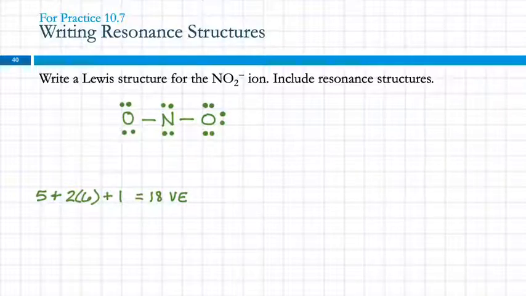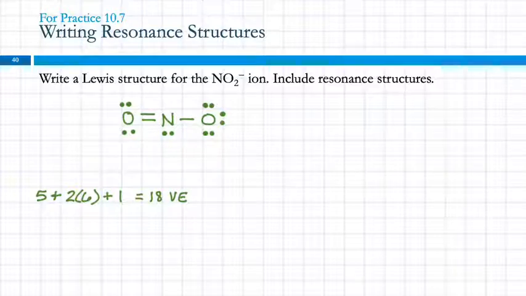So we need a double bond, right? Because the oxygen on this end only has 6 electrons. So I'm going to take a lone pair from this nitrogen. Nitrogen's in a good place, so nitrogen can afford to share with this oxygen. So I'm going to take a lone pair from nitrogen and share with the oxygen.